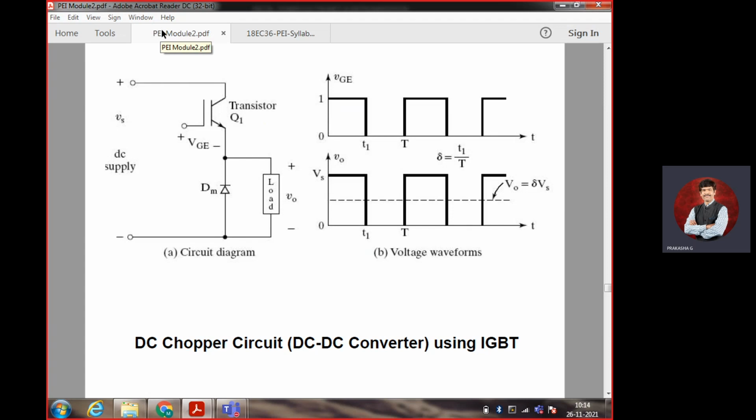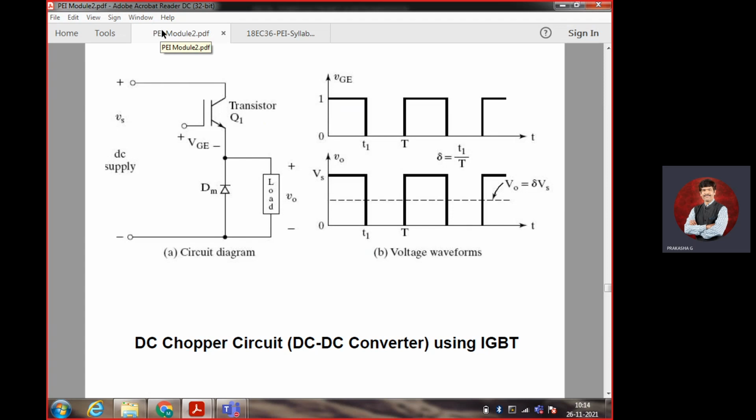My input voltage is pure DC only, and my output I also need as DC. So the input signal, a DC voltage, needs to be converted into a variable DC voltage.